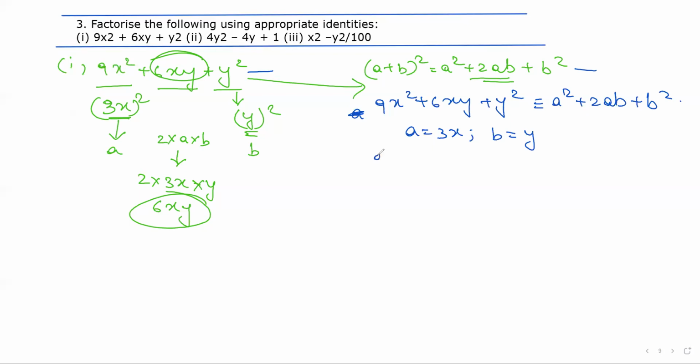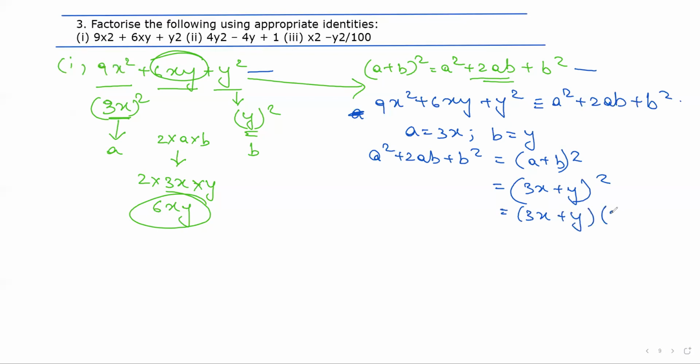We know that a square plus 2ab plus b square is equals to a plus b whole square. Then you place the values of a plus b over here, which is equals to 3x plus y whole square. You have to factorize, means you have to write the factors, which means these have to be written like this. That's your answer. That's the value of 9x square plus 6xy plus y square. So first the given question and then step by step on your end.